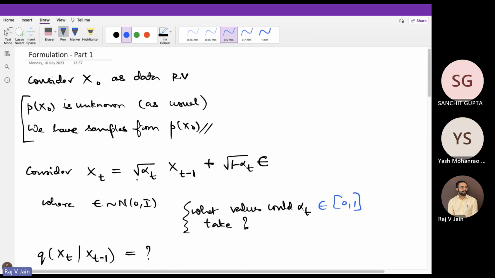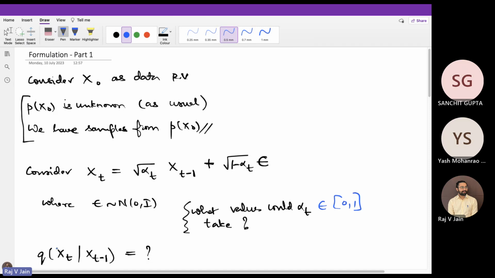So if this is the case, what is the distribution of xt given xt minus 1? I'm defining the conditional distribution of the new random variable in the process with respect to the previous random variable.